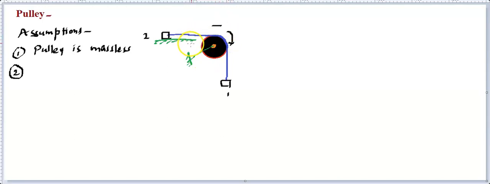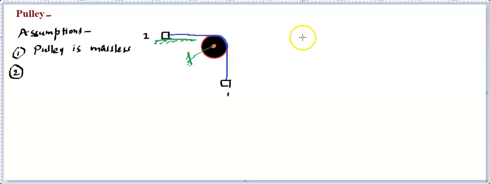That means the velocity of the points on the periphery of the pulley and the velocity of the string are identical. That means over the pulley, this string is not sliding. It's in contact, and in contact both the particles are moving. Let me show that like this.